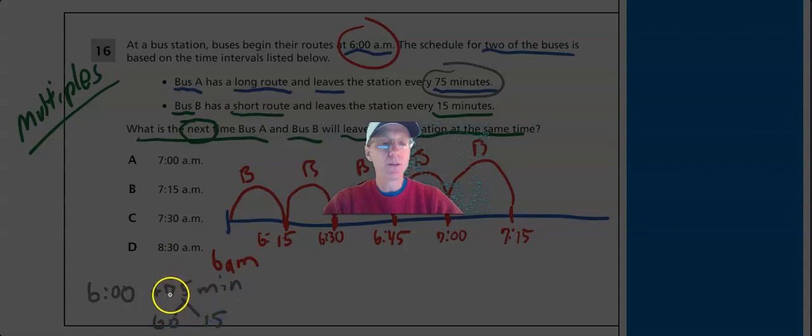See what I did? I broke this up. I said, well, 60 of these is 1 hour, plus 15 minutes. So if we start at 6, 1 hour later is 7, and then our 15 minutes. So bus A, a big long trip, next comes back at 7:15. There's just one way to solve that, and we've got our answer there at 7:15.